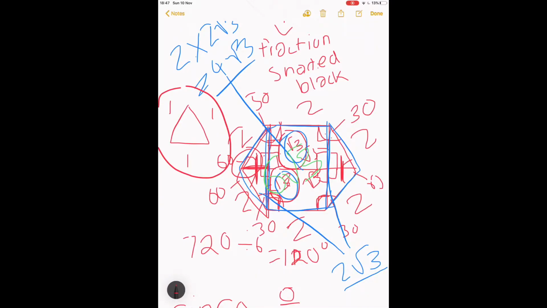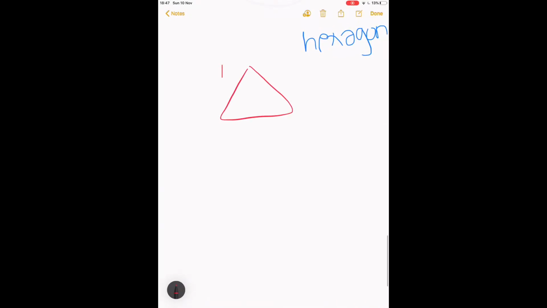Because we can split it in half, so we use Pythagoras Theorem, so we have 0.5 here. So we have 1 squared minus 0.5 squared. So if we go down, drawing it again, we have 1 and then 1, and then halving this, you have 0.5.